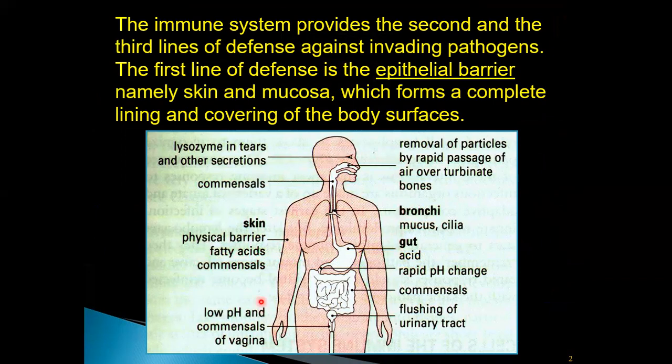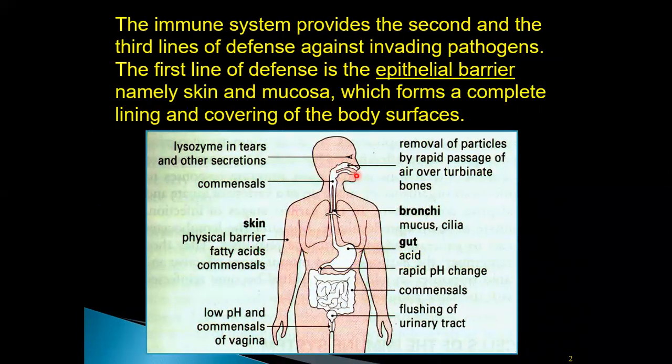For example, in the tears of the eye, an enzyme is present, lysozyme, which is bactericidal, protects against invading bacteria. Similarly, the saliva coming into the oral cavity washes away the bacteria. Similarly, the nasal cavity has a kind of filtering mechanism and immunoglobulins coming onto the surface, which are protecting against the invading organisms.